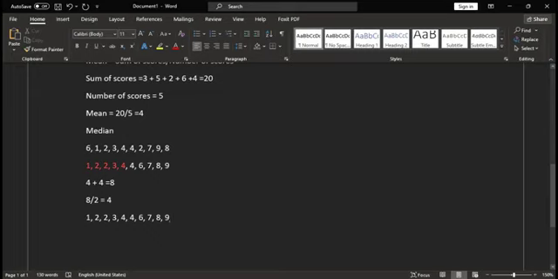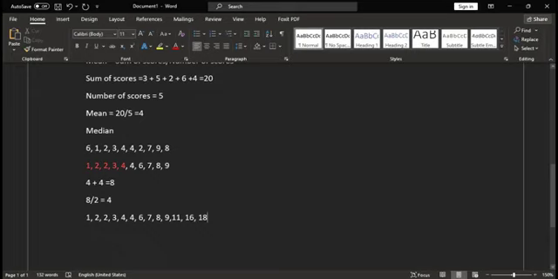Assuming we have an odd set of numbers, let's say we have 11, 16, and 18. How many numbers do we have now?